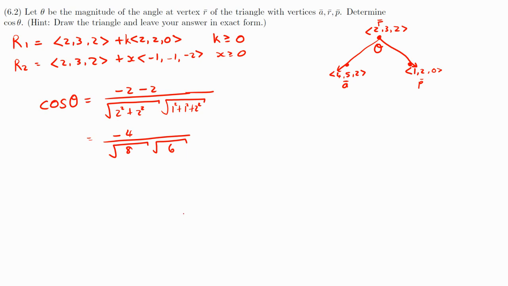Okay, so this is what we have so far. Minus 4 over square root of 48, which is just 4 square root of 3. So all in all, we have this, and with this, we can calculate our theta by saying arccos of minus 1 over square root of 3.